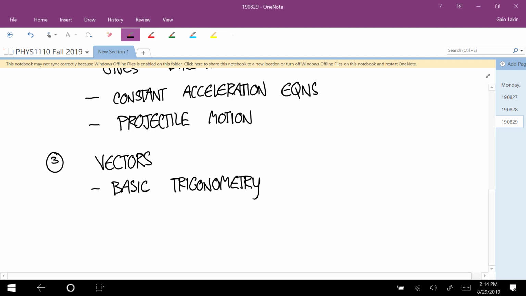And the reason that we're going to discuss vectors is that vectors give a way to describe direction, to mathematically deal with direction in two-dimensional motion.